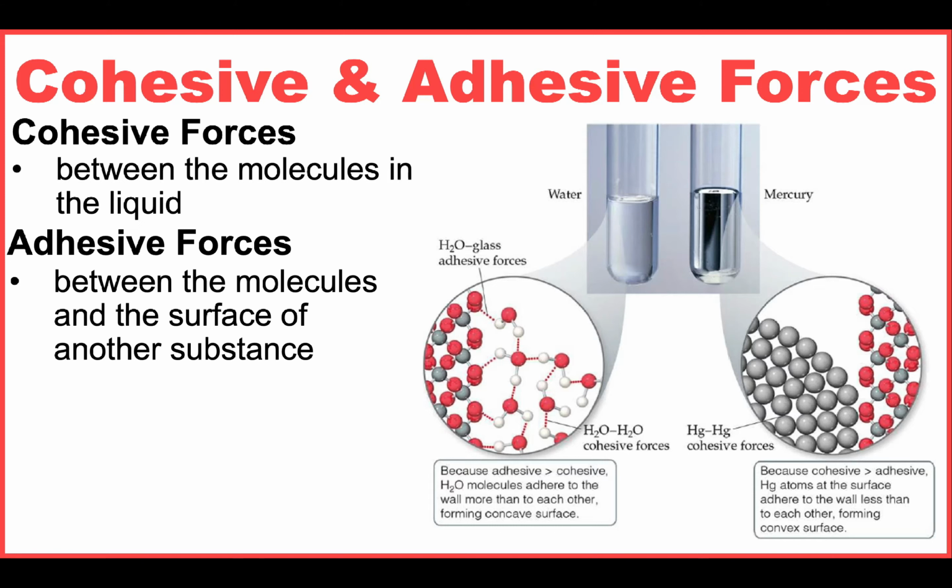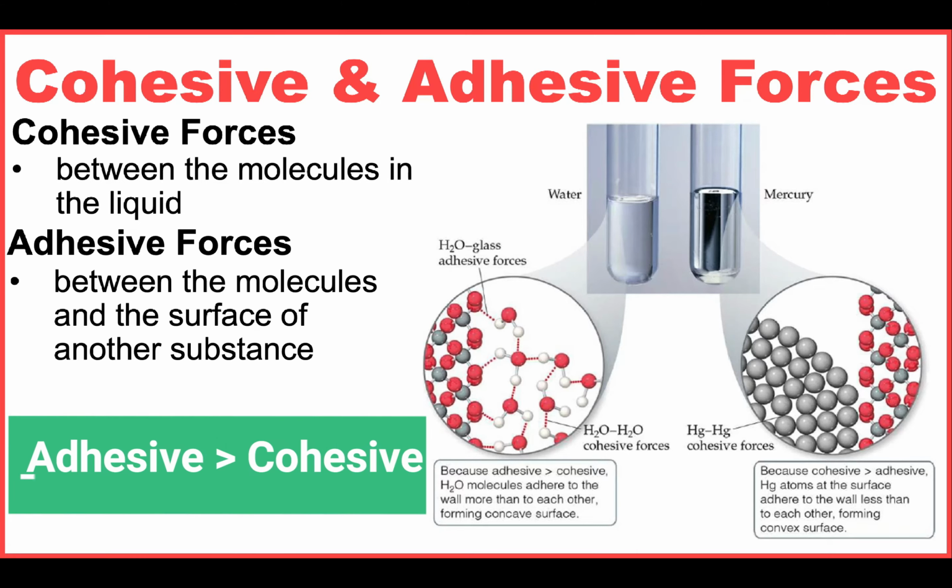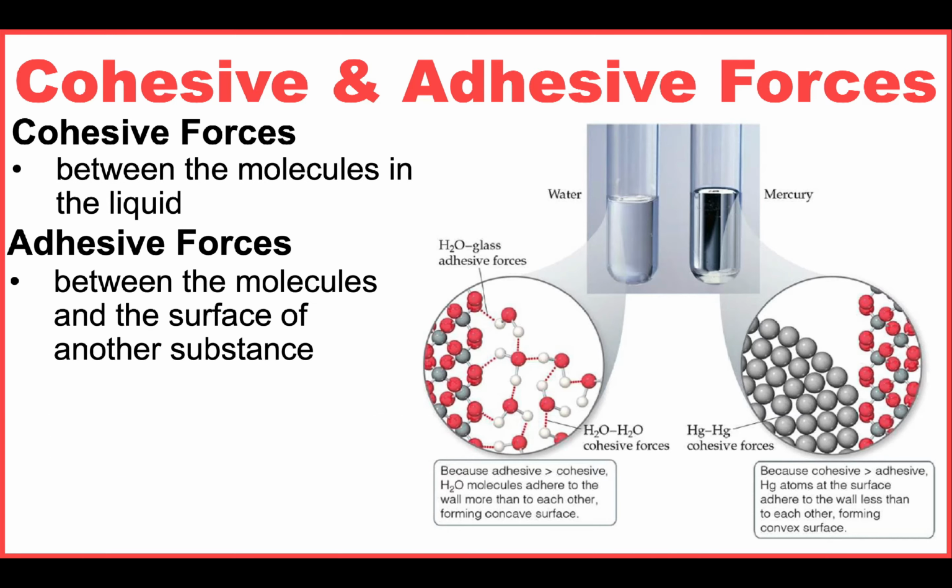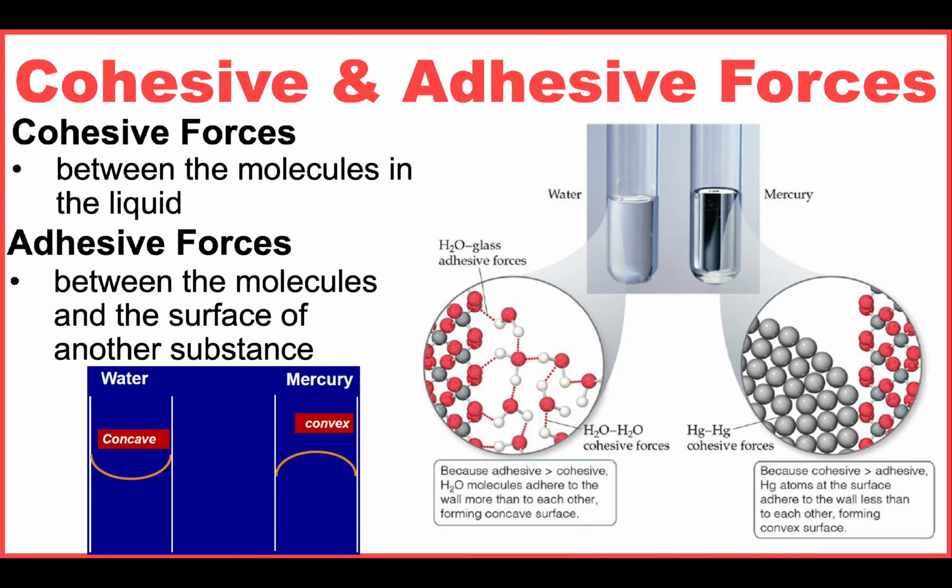Now, if adhesive forces are greater than cohesive forces, you will form a concave, like here in water. This is because water molecules adhere to the wall more than to each other. If cohesive forces are greater than adhesive forces, like here in mercury, you will form a convex. This is because the mercury atoms at the surface adhere to the wall less than to each other.